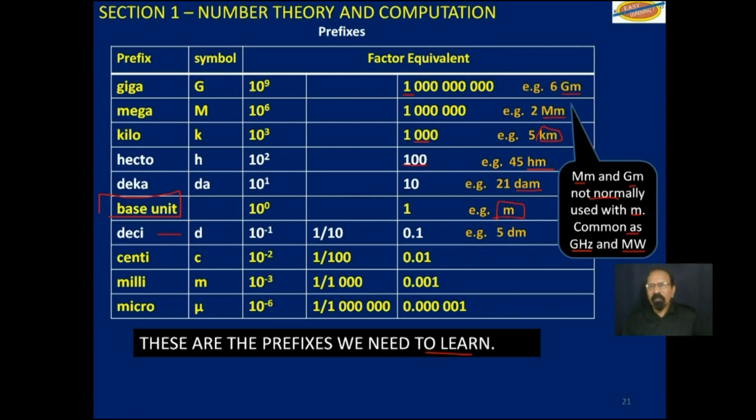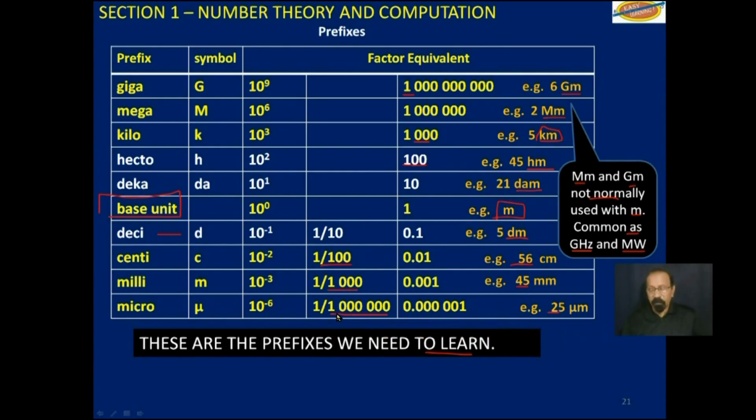Coming down, if you have 5 decimeter, that would be 5/10 of a meter. If you have 56 centimeters, that would be 56 over 100 meter. And millimeters, 45 millimeters will be 45 thousandths of a meter. And if you are dealing with 25 micrometer, that would be 25 millionths of a meter.